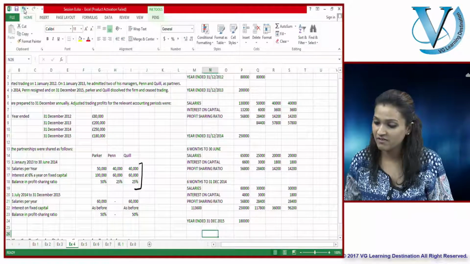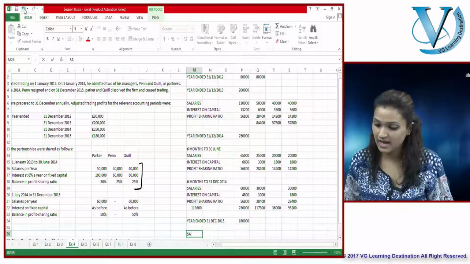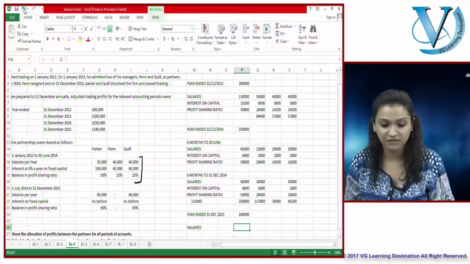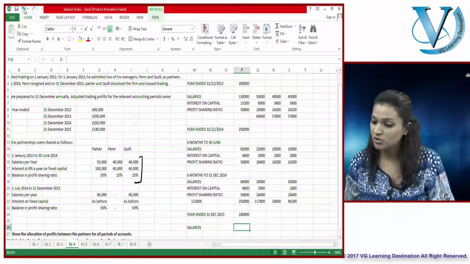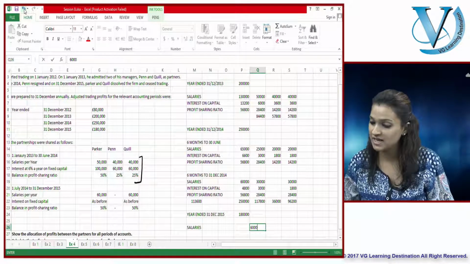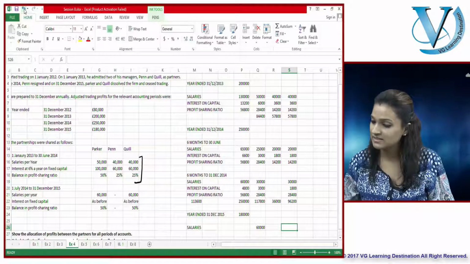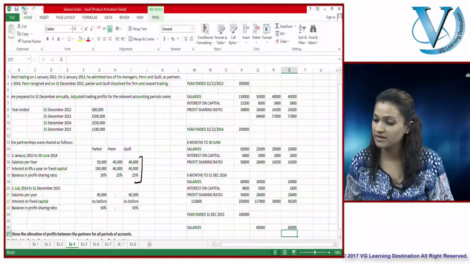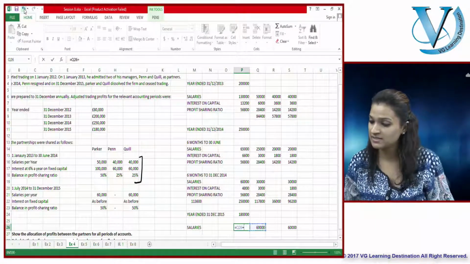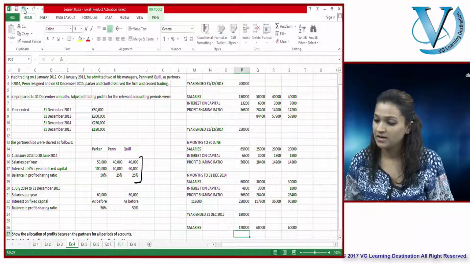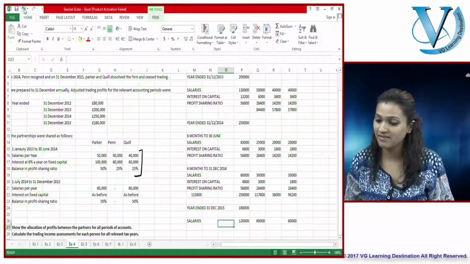So we first give away salaries, in the ratio given, which is 50% each. Salaries is 60 and 60 now. So we give away salaries of 60,000 and 60,000 amongst the remaining two partners. Comes out to be 60 plus 60, 120,000.